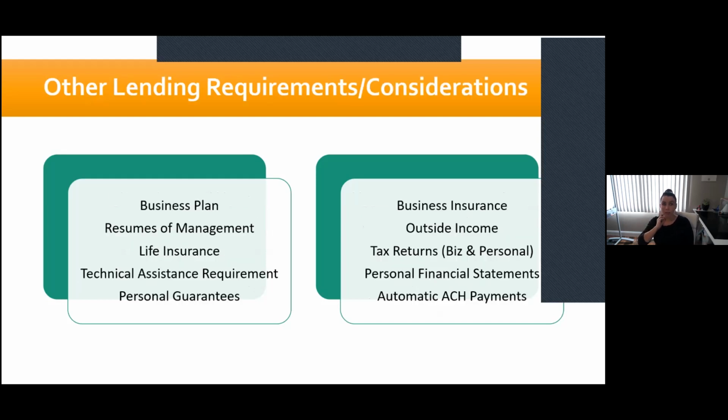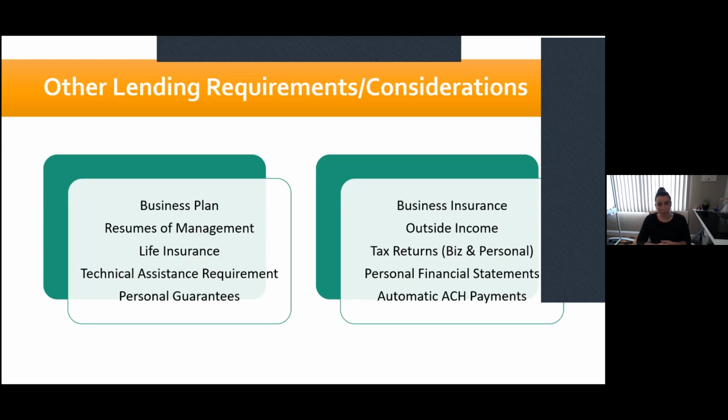When you're looking to get lending or access to any type of capital, you're also probably going to need to have a solid business plan so that the lender can look and see what their plan is, what their projections are, what they have in store for this business. You'll have to provide resumes of management to really establish that you're experienced and that this is a good investment for them to make.